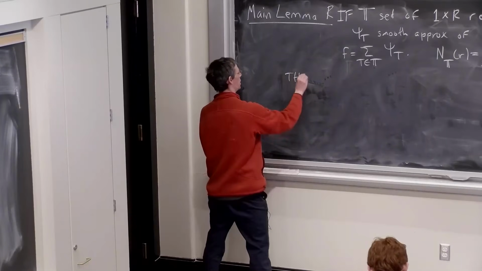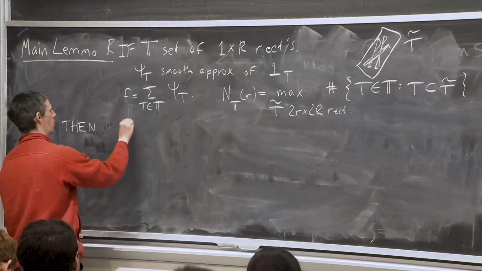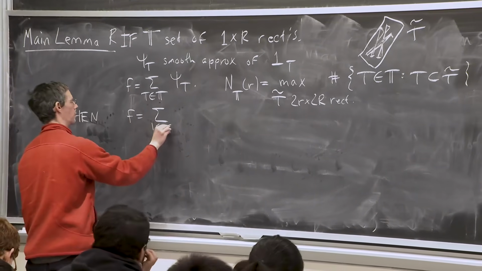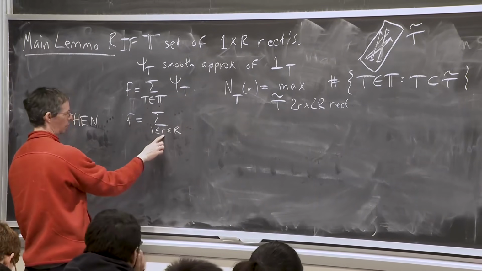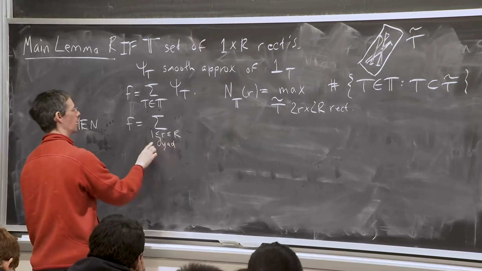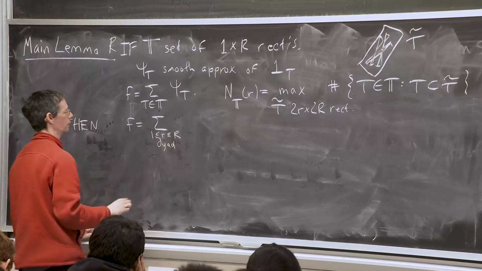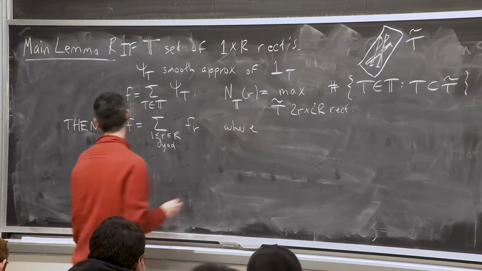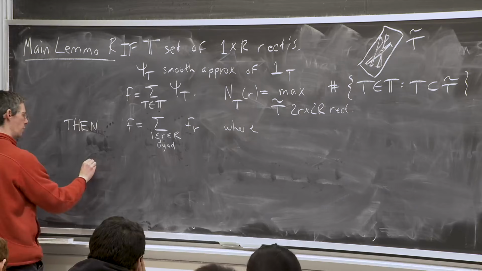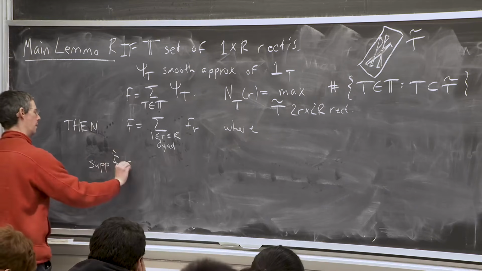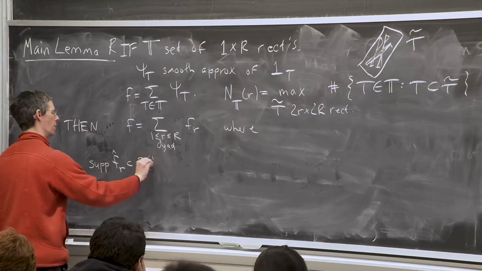And then the conclusion is that you can write f, you can break it up into pieces of different frequencies. The pieces are labeled by a width parameter, little r, which is a dyadic number between scale 1 and scale capital R, of f sub little r. The f sub little r has two good properties. It has a frequency support: the support of f_r hat is contained in the ball of radius 1 over r.